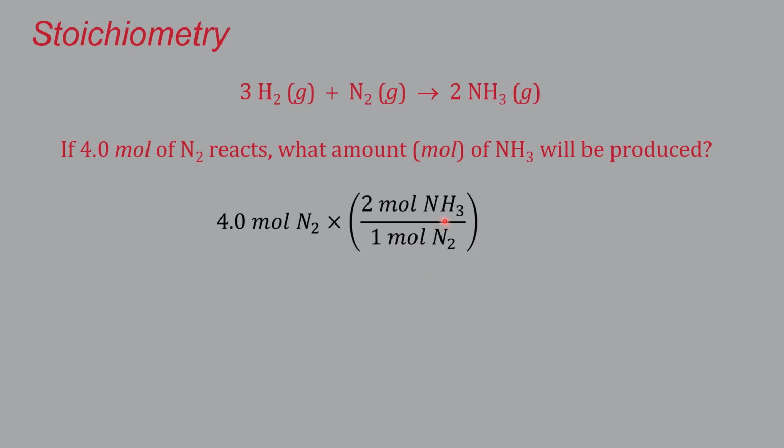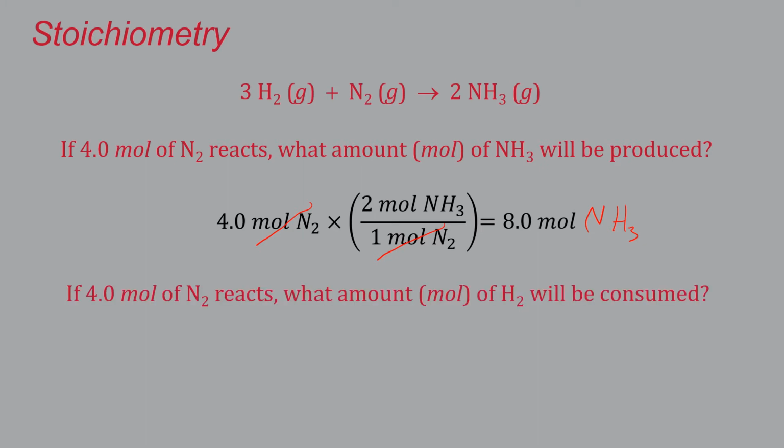Your answer needs to be in moles of NH3. So this is the version of the conversion factor that you want to use. And the way that you can prove this to yourself is that in this case, moles of N2 cancel. And so we've got 8 moles, and I would encourage you, at this point, to start writing the species so you can keep track of what's what. So we have 8 moles of ammonia expected to form.